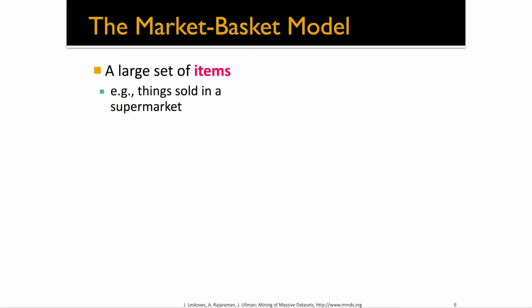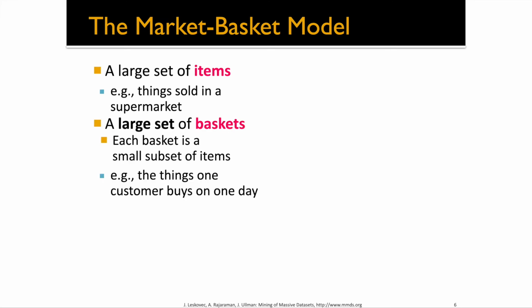This kind of thing is common, and we can formalize it in terms of a set of items, which is the things that are sold at a particular store, or things that we're interested in like movies on Netflix, items on Amazon, or friends on social networks. And then we have a large set of baskets. A basket essentially represents a transaction or a small subset of items. So it's not like my full purchase history.